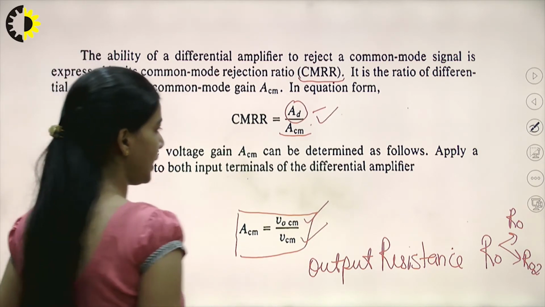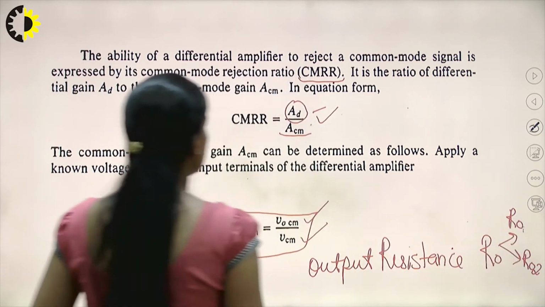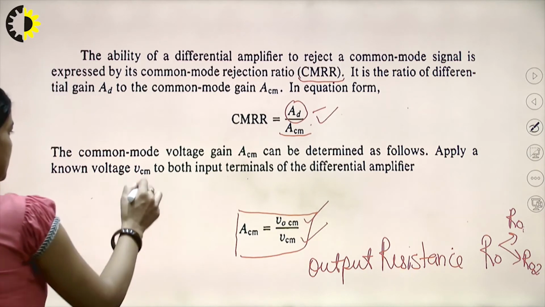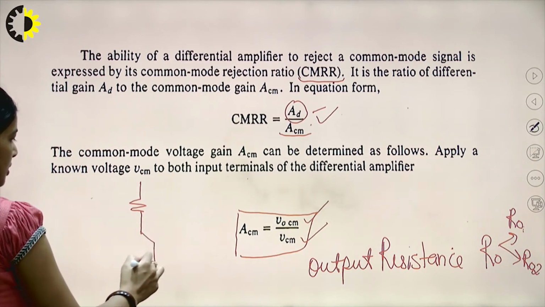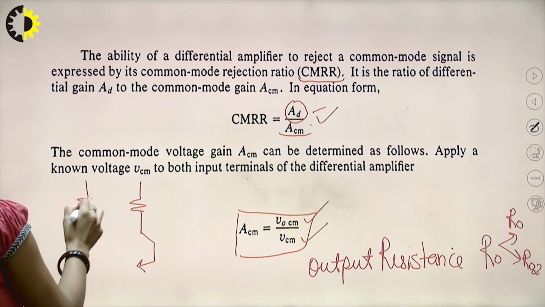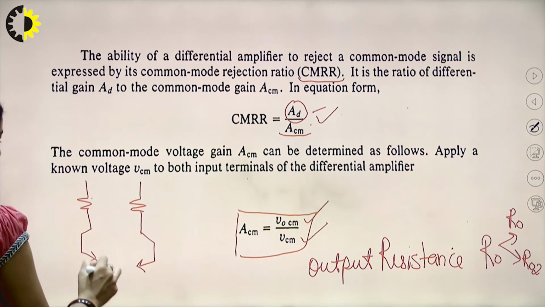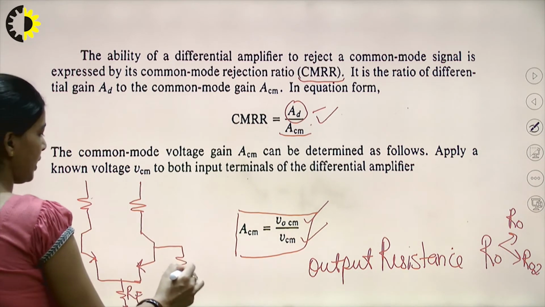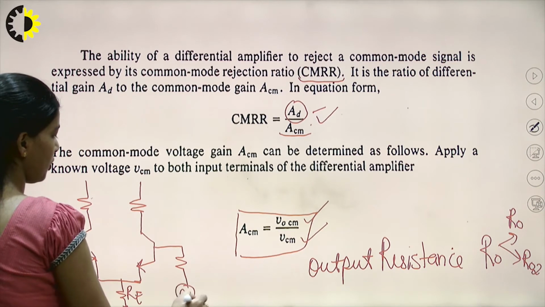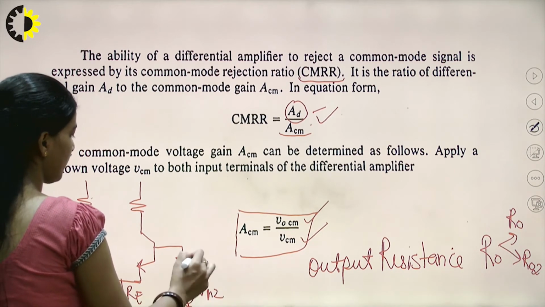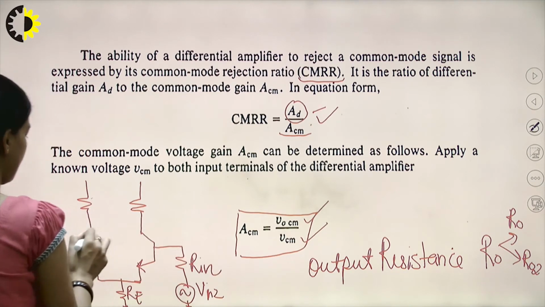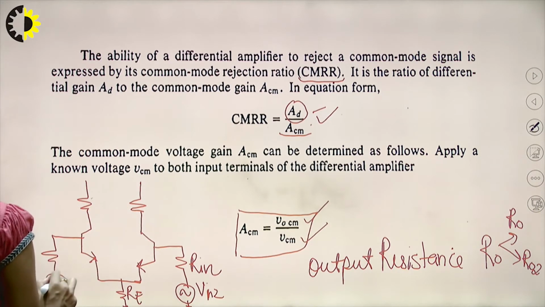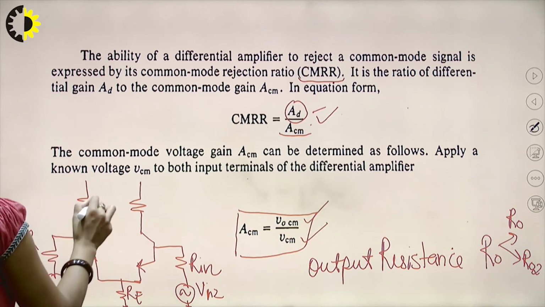So, if you see the circuit of differential amplifier, this was the circuit, this emitter resistance RE, and at the base side we have input resistance and input voltage. This is V in 2, this is R in and V in 1. This is RC resistance.